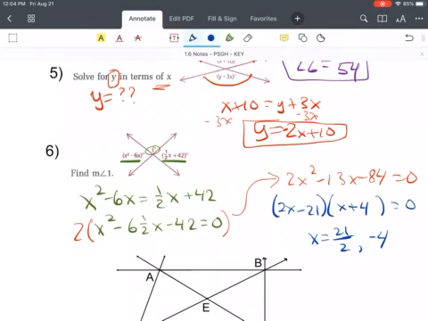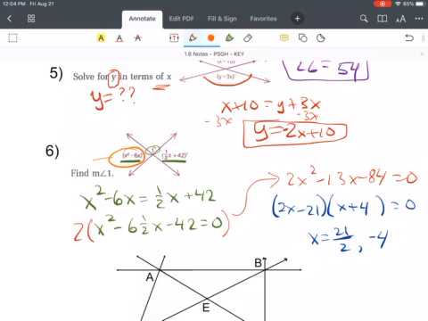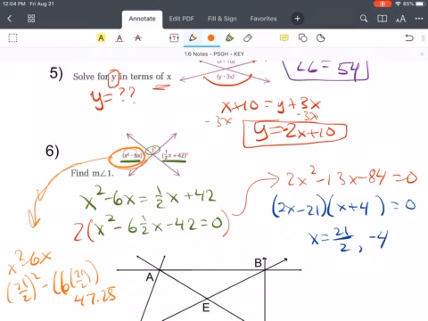So our first one of 10.5, when you plug in 10.5 into x squared minus 6x, so 21 over 2 squared minus 6 times 21 over 2, we are going to get 47.25, but that's this angle here. And I want to find angle 1, which is its supplement. So angle 1 is going to equal 132.75 degrees.